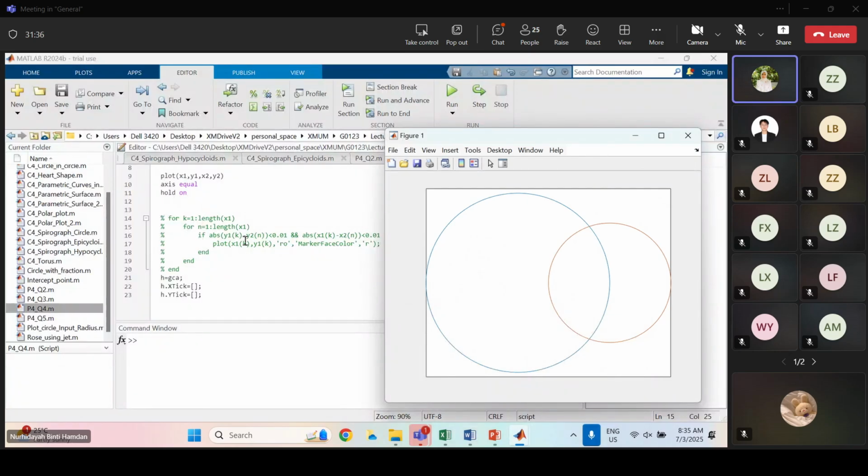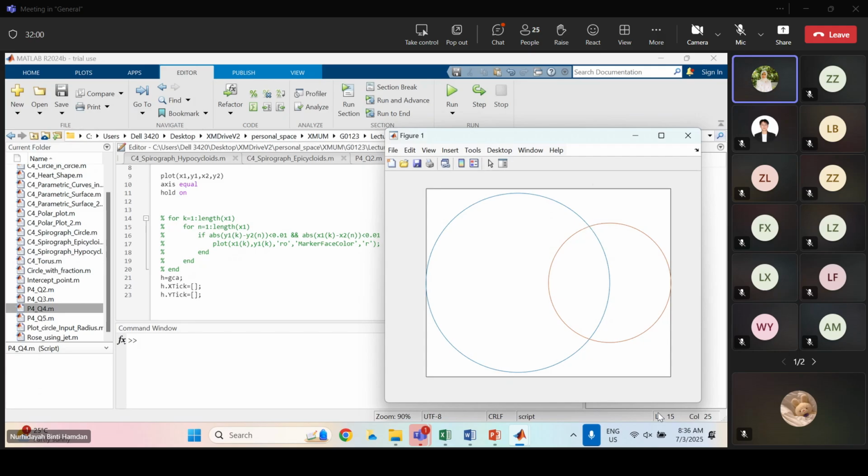So if the absolute of y1 minus y2 is less than 0.01 and the absolute of x1k minus x2k is less than 0.01, plot x1k, y1k with red circle, marker face color is red. So if it is less than 0.01, then draw a marker.